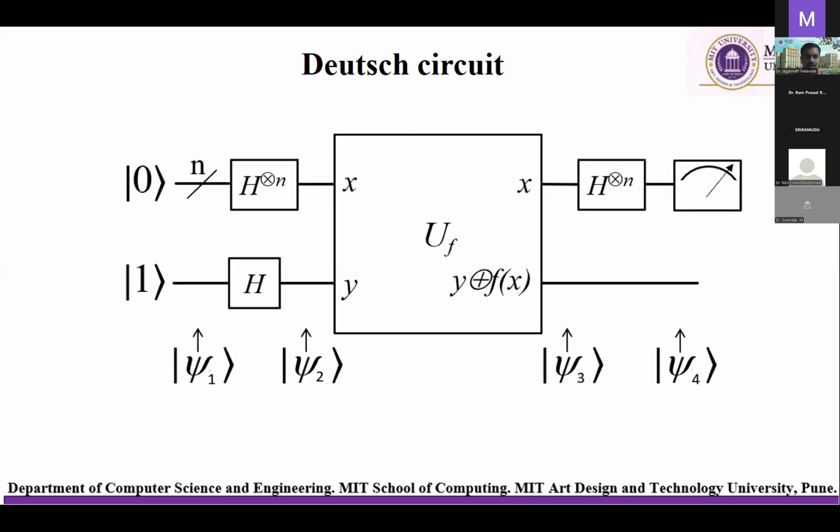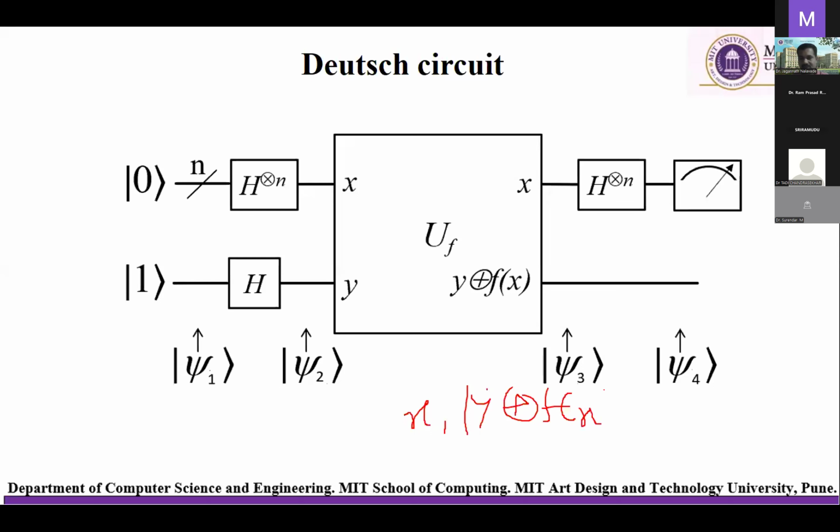All of you are aware of how your function is designed. What are the internal operations in the Uf block? Sir, as I mentioned, this is Uf, actually a black box, and for this Uf function, we have given that the outcome from this Uf will always be x, comma y, again we can consider the ket notation here, ket x XOR f of x.